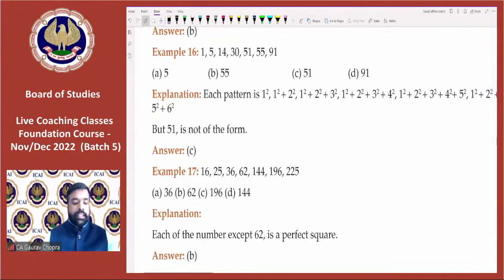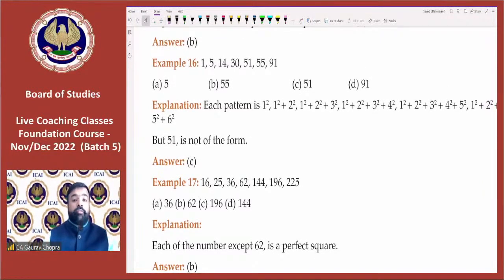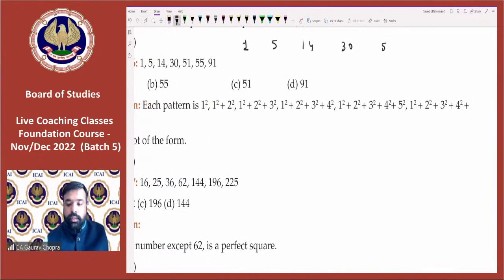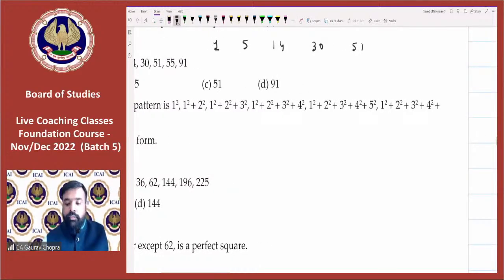Then the 16th one, 1, 5, 14, 30, 51, and so on. Now this time, what is the logic? We can clearly see, if we look at the differences, we have 1, 5, 14, 30, 51, 55, 91.